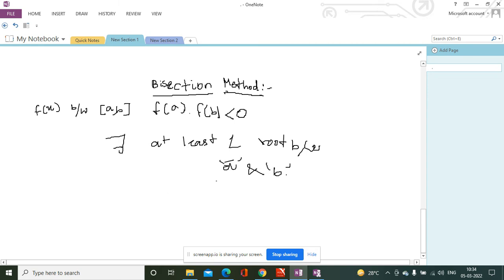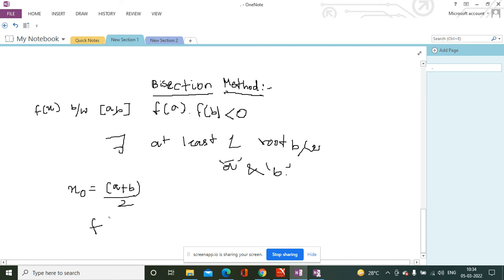So how will we obtain that? Let us find an approximate value of the root, which lies between a and b. x0 will be a plus b by 2.